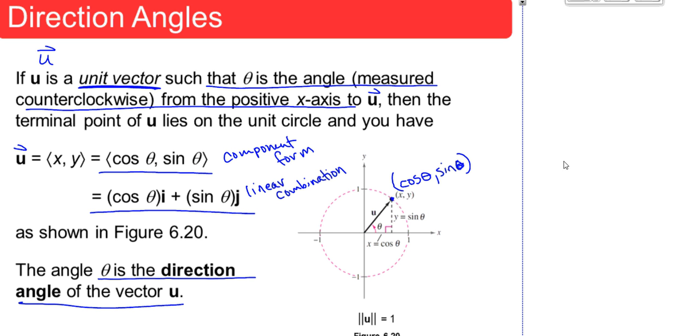And so for a vector in component form, since we put that unit vector on the coordinate axis, we can think of that as having the same values as a unit circle, and we have a lot of experience with that, and so each point on that unit circle can be thought of as the cosine theta and sine theta, and so the component form of that is cosine theta, sine theta, and if we put it in linear combination form, it's cosine theta i plus sine theta j.